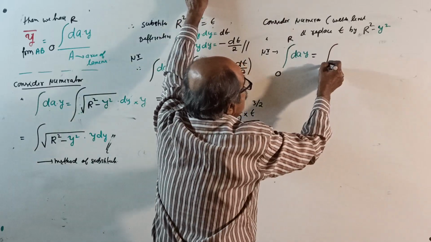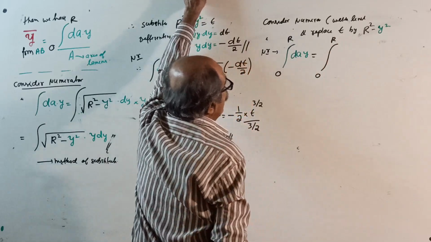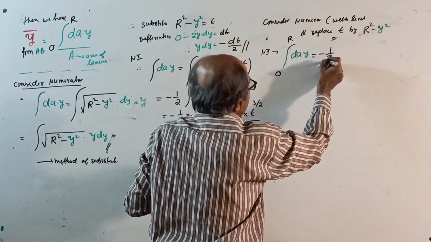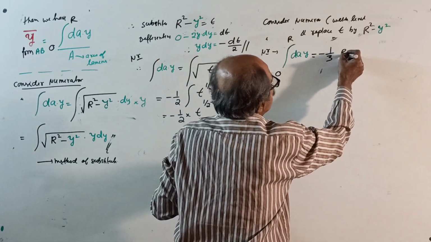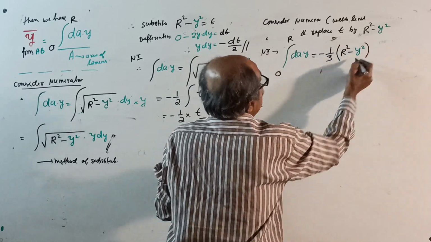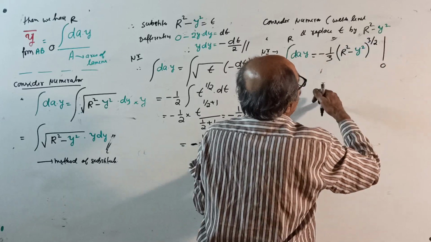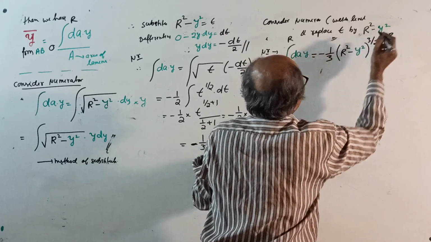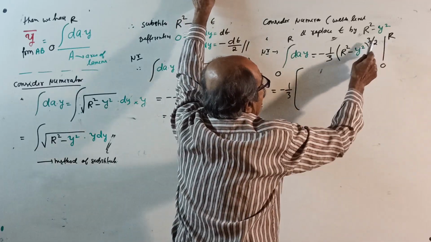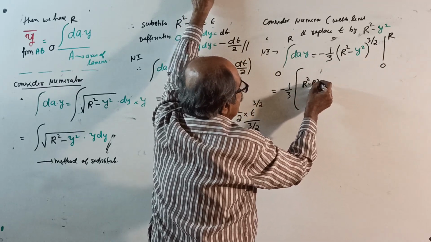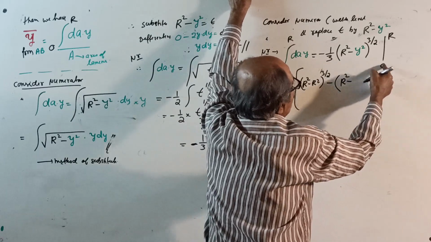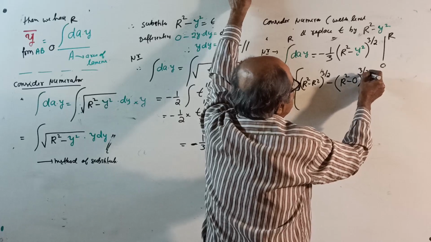Integration is already over, equal to minus 1 by 3 times t, where t equals r square minus y square, to the power 3 by 2, limit 0 to r. That equals minus 1 by 3 big bracket (r square minus r square) to the power 3 by 2 minus (r square minus 0) to the power 3 by 2.